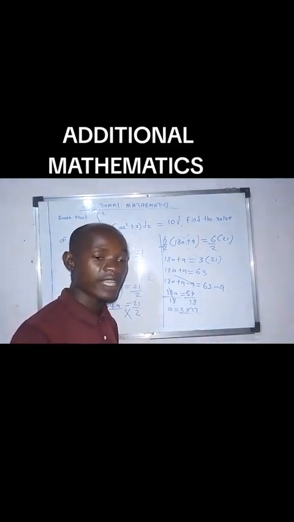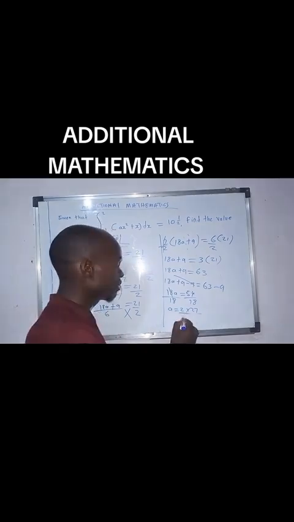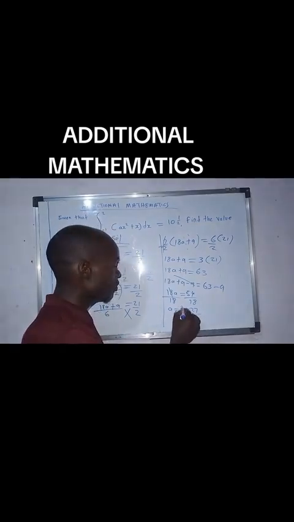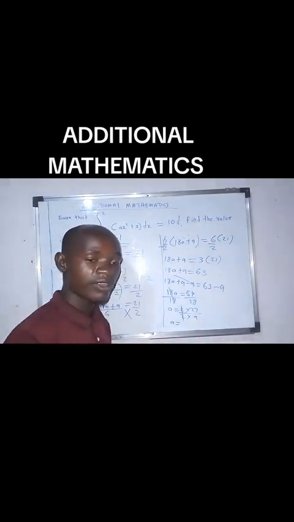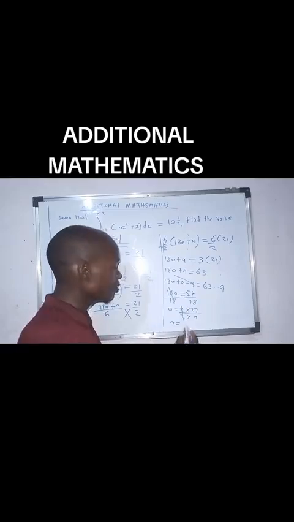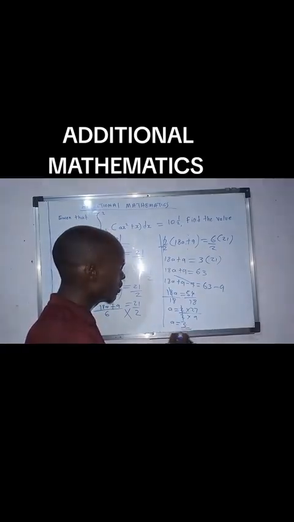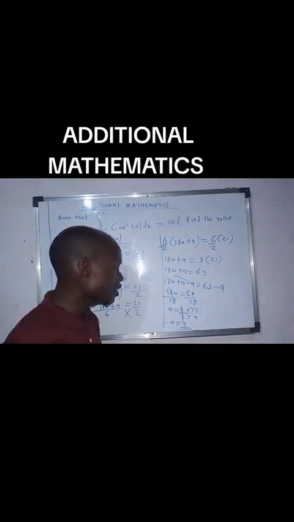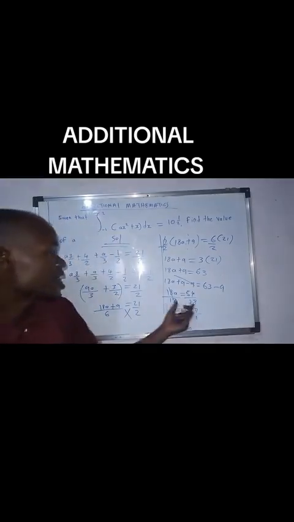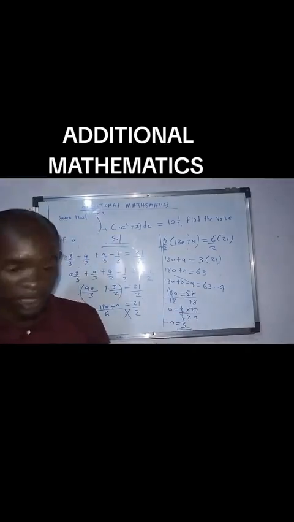Since 9 plus 9 is 18, I will say 2 times 9. Now these are the same, so they will be cancelled. Then what will remain is 27 over 9. Now you have reduced the number. 27 divided by 9 is 3. You see that? So therefore a equals 3. If you want, you can just say 54 divided by 18 directly as 3.